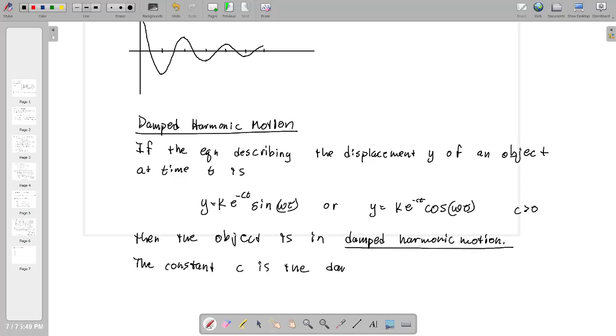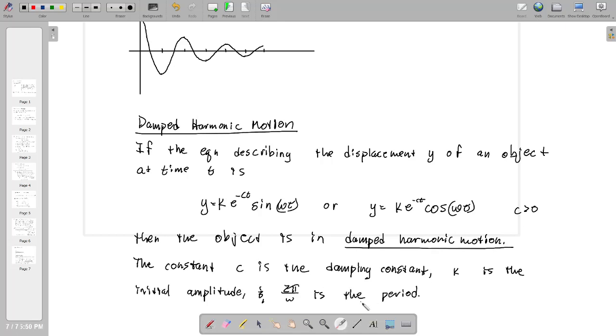The constant c is called the damping constant, k is the initial amplitude, and 2 pi over omega is, of course, the period. Now, I do want to note a couple of things here, specifically what these variables do. We already know that omega refers to the horizontal stretch, so it's going to refer to the period. 2 pi over omega is exactly the period.